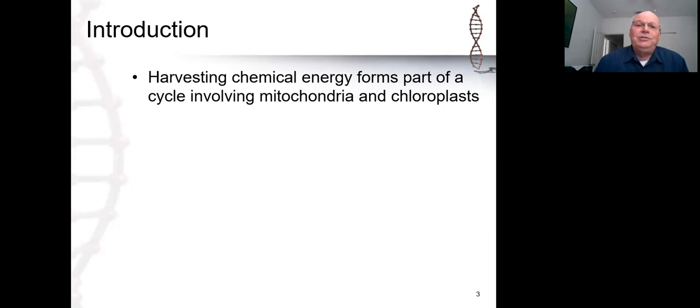Some of the ideas that we're about to encounter in this first section are going to translate into the next chapter as well, because, not surprisingly, perhaps, or maybe surprisingly, the types of chemical reactions that we're going to encounter here in cell respiration in a general sense are going to be the same types of chemical reactions that we're going to encounter in photosynthesis in the next chapter. They're not specifically identical reactions.